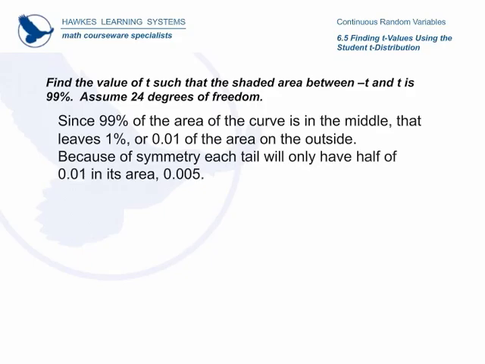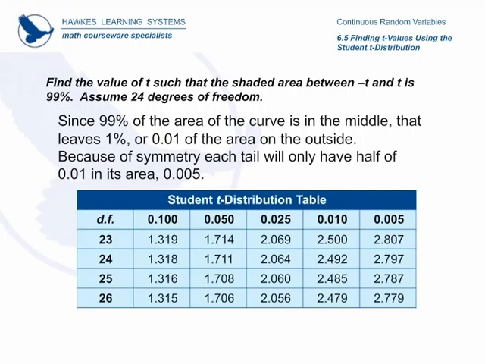We just simply took the 0.01 and divided it in half. Now we've got our student t distribution table, and we know we have a degree of freedom of 24, and we have our alpha value of 0.005, and so that gives us a value of 2.797. So for our t distribution value, we have 2.797.